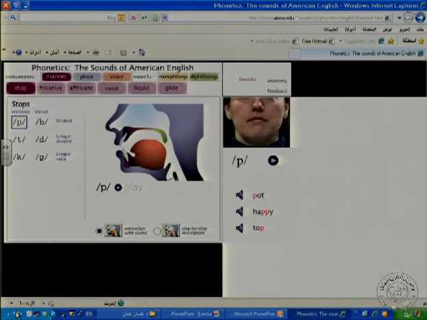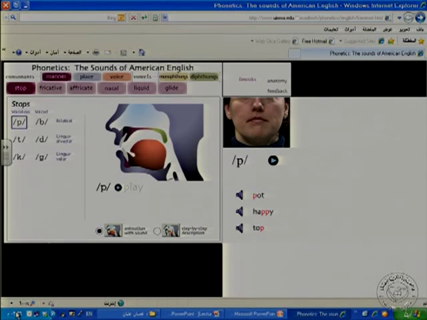If you just write the sounds of American English in Google or in Yahoo, you will have this website. You can just enter the site, and immediately this page will appear.